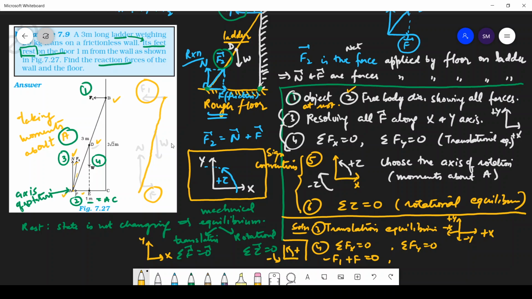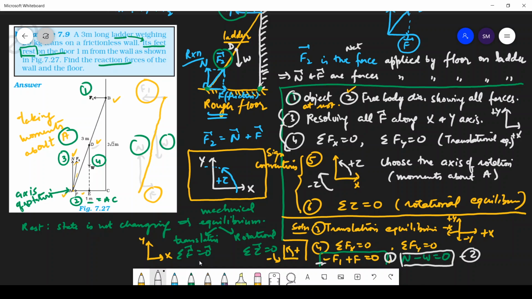These are W and N. N is vertically upward, so we'll take N as positive, and W is downward, so we'll take W as negative. So we get two equations from here. F minus F1 equals 0, this is equation number 1, and N minus W equals 0, that is your equation number 2.